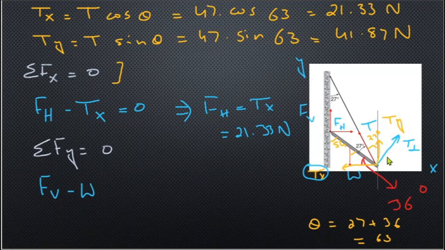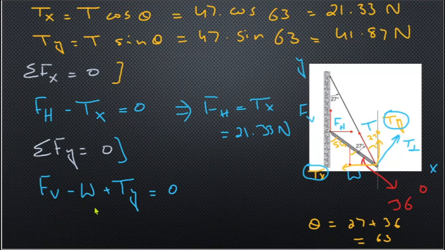There is also a component of this tension force which is acting in the positive direction, so I have to write plus with this component of the tension. Now, according to this condition, I have to write 0 over here.